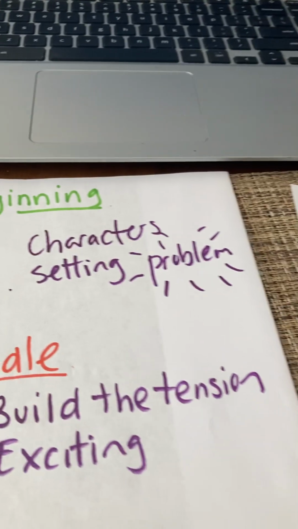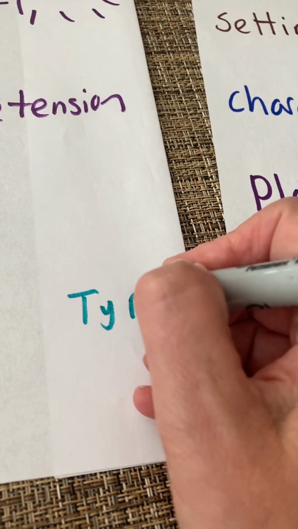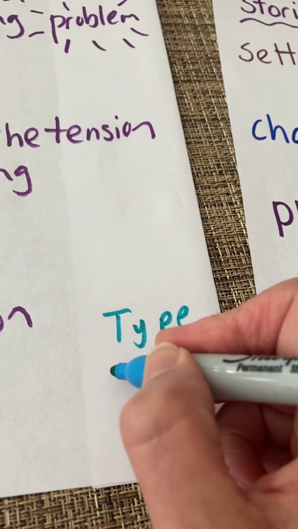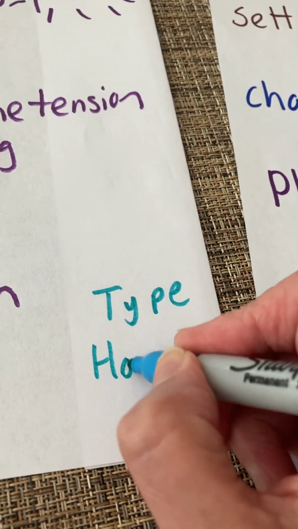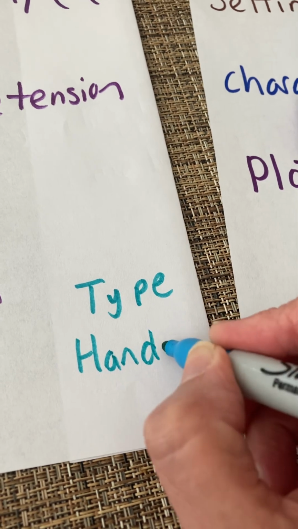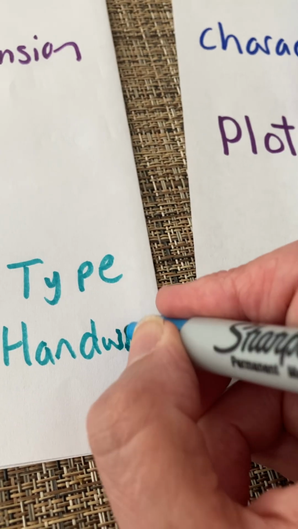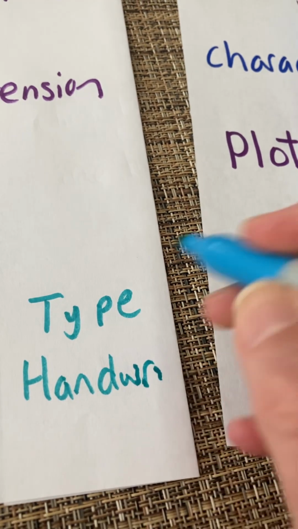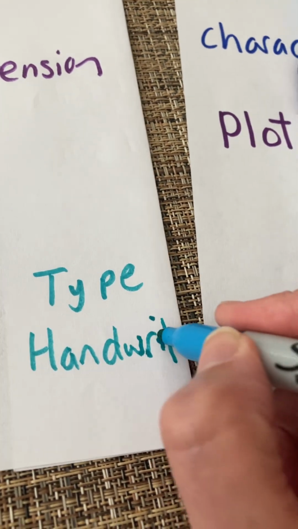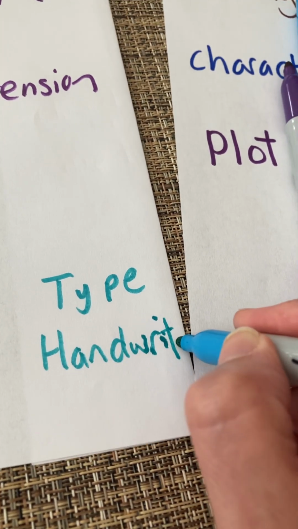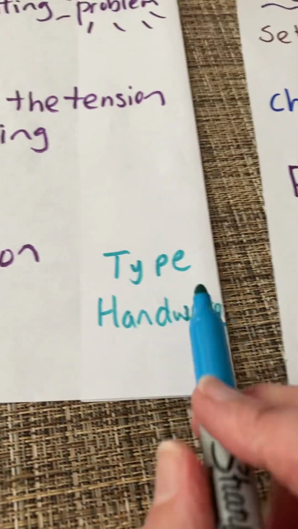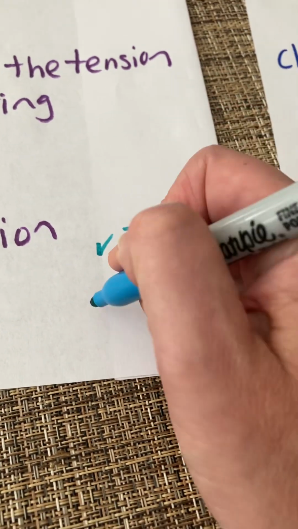A lot of you will like to handwrite, because at the moment that's the quickest way. Look at me, it's because I'm trying to hold the paper and write at the same time, and it's right at the edge of the paper. So you can type, you can handwrite.